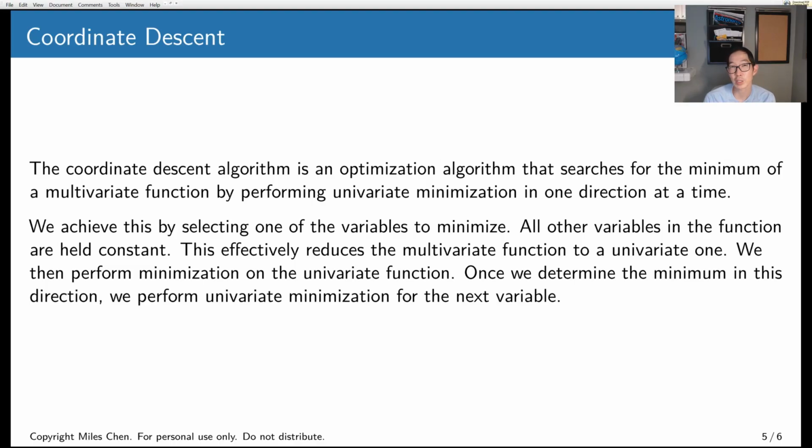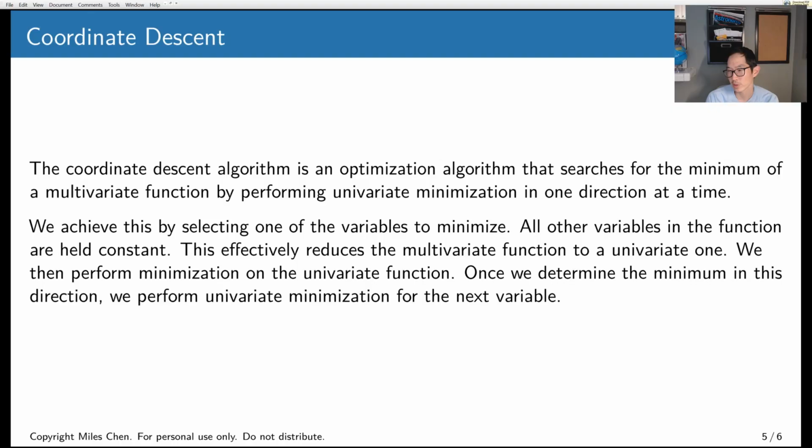If you have a three-dimensional function, x, y, z, okay, then you'll hold x and y constant and you minimize z. Then now that you get a value for z, you hold y and z constant, and you minimize x. And then you'll hold x and z constant and minimize y, right?